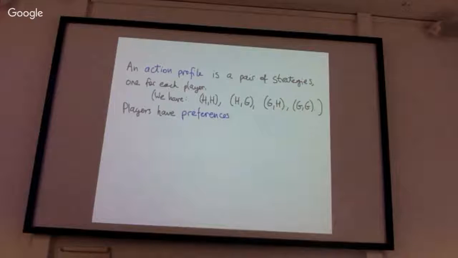And we have to know players' preferences, otherwise we can't do anything about the game. Okay, so we know that. So in our example, Tim, we said Tim prefers garden to garden house.